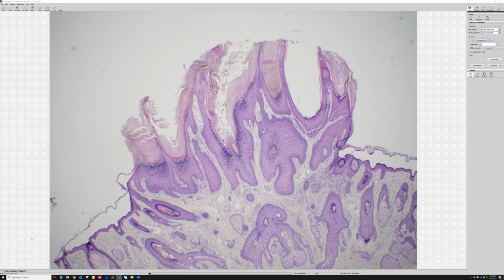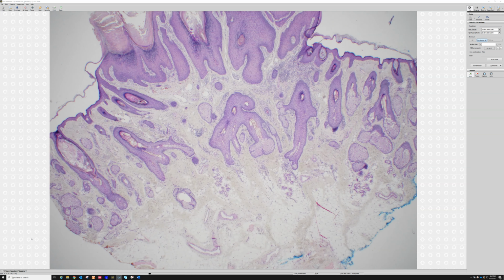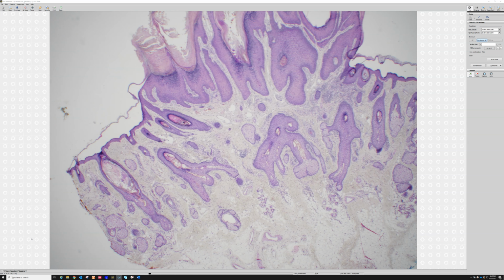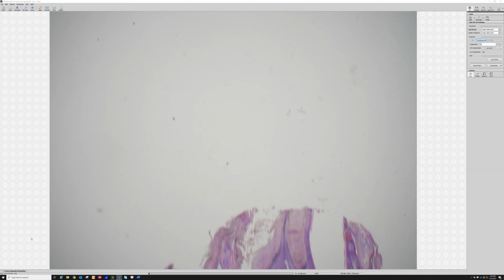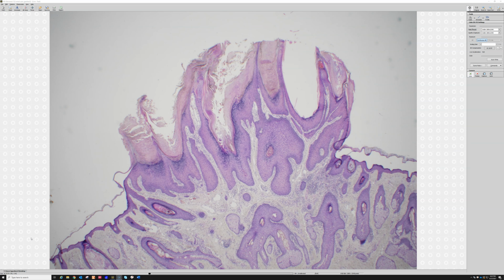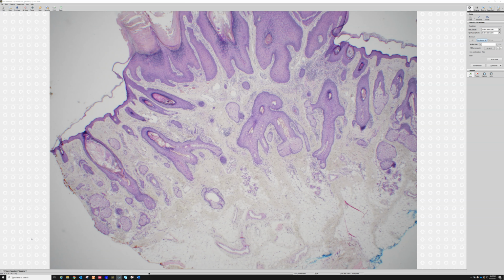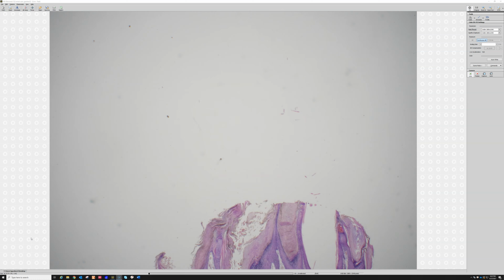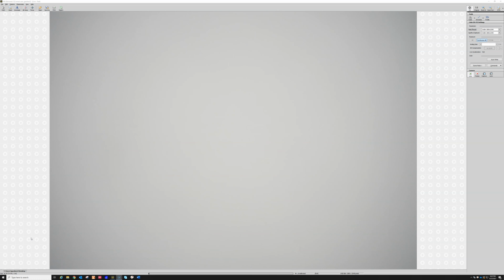Also really massive hypergranulosis, a very, very thick granular layer there. And this is on the face, you can tell because of all the large hair follicles and sebaceous glands in the background. It was probably a person who thought it was going to be a squamous cell carcinoma, so they took it out with a little ellipse to make sure they got around it, I imagine. I don't remember the history from this. It was a long time ago, I think.